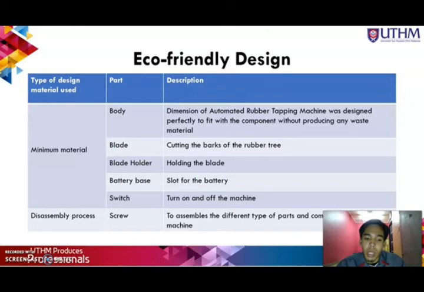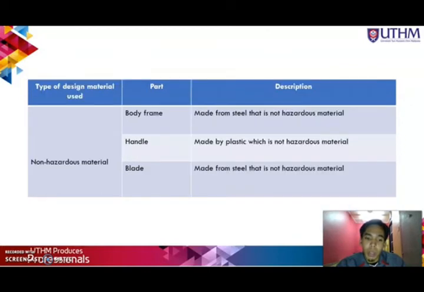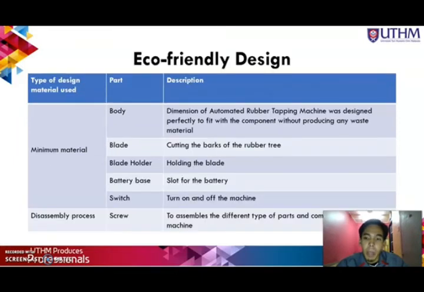And the disassembly process consists of screw. The non-hazardous material consists of body frame, handle, and blade. So, all these parts have their own characteristic, which can make the automated rubber tapper a very important machine. So, thank you.